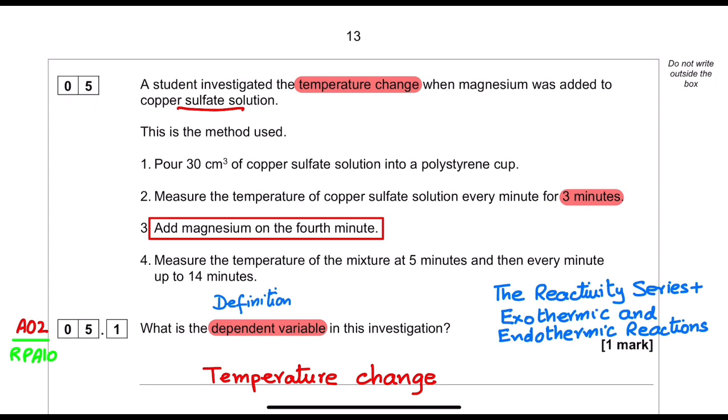Student must know what the dependent variable means. The dependent variable is a variable which changes when the first variable changes, or when one variable changes, the other variable is depending on the first variable. It changes on the changes of the first variable.